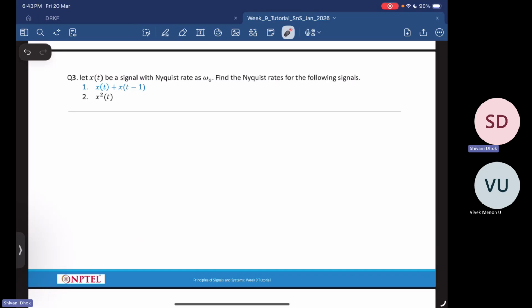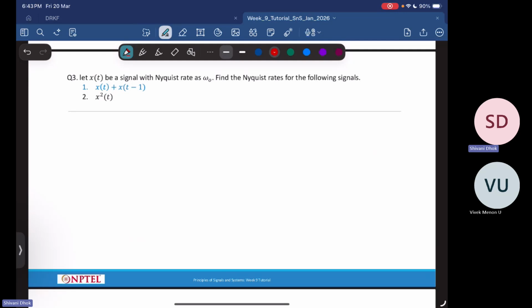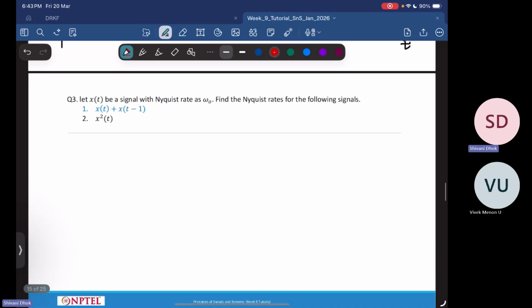Now let's move on to another important topic that we looked at in this particular week, that is sampling, and we'll look at different questions related to sampling. So the first question says: let x of t be a signal with Nyquist rate as omega naught. What is Nyquist rate? Nyquist rate is equal to 2 times your maximum frequency.